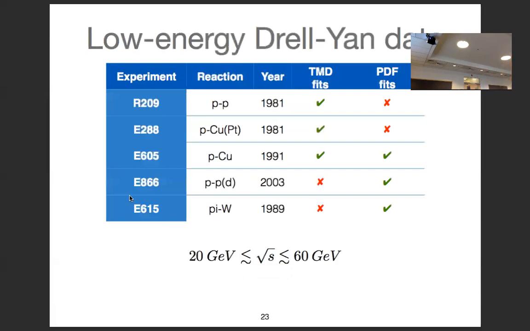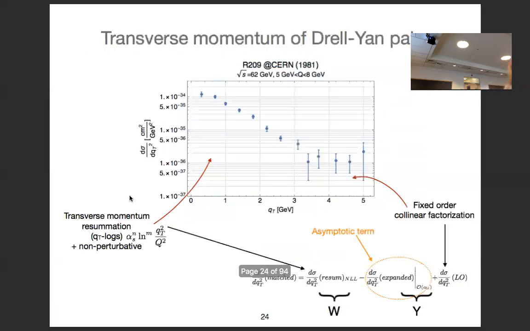And here you have the information about the fact that these experiments were included in TMD fits or in PDF fits. The square root of s is between 20 and 60 GeV for these experiments. And please remember that we are talking about experiments included in PDF fits. So these data are used.